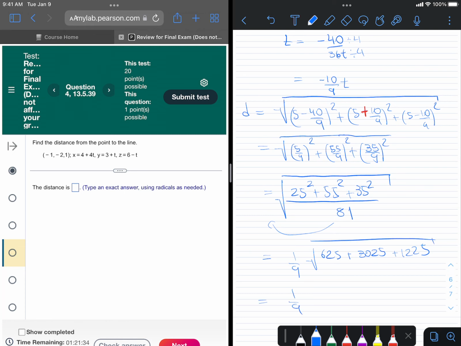Add them all up, and that's 4875, and now I just need to find the square root of this. Let's see if that's an exact number, a whole number or not. It isn't. It's close to 70.